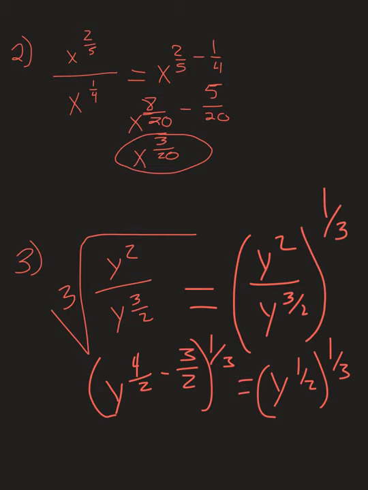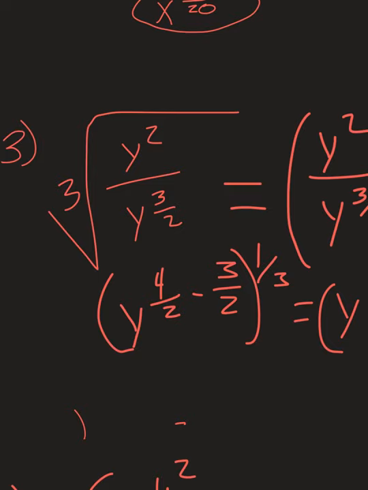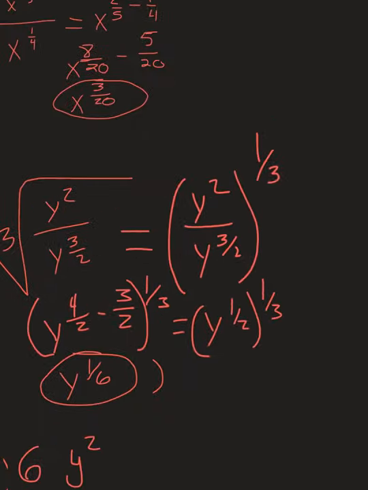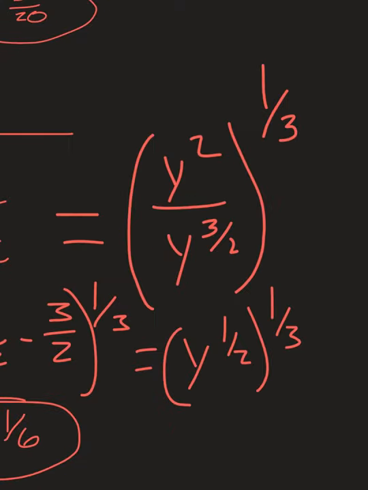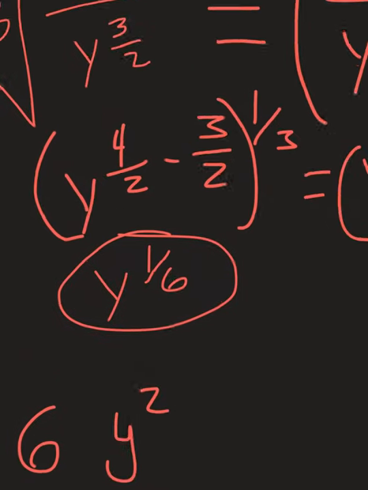And when we do that, we are going to get a final answer of y to the 1/6, because 1/2 times the 1/3 is 1/6. The 1 times 1 and the 2 times 3. So there we go. That's our third example.